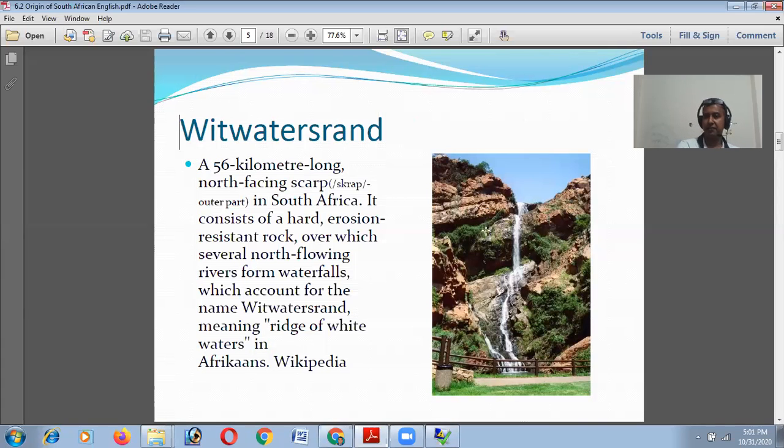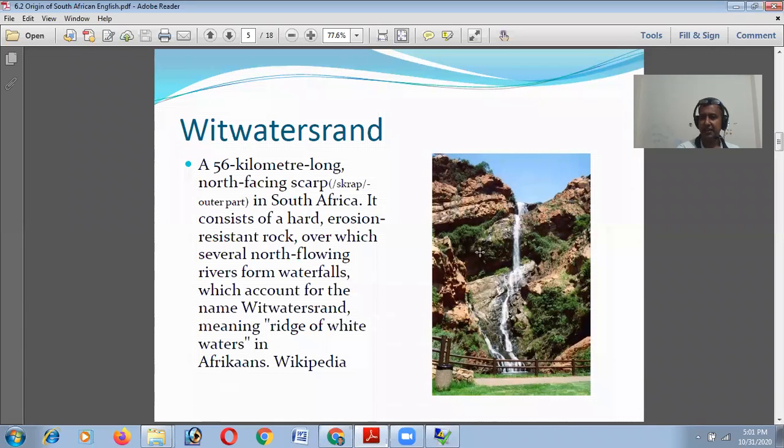As you see, it is a very beautiful coastal area and rocky area. It consists of hard erosion-resistant rock over which several north-flowing rivers form waterfalls, which account for the name Witwatersrand, meaning a ridge of white waters in Afrikaans.